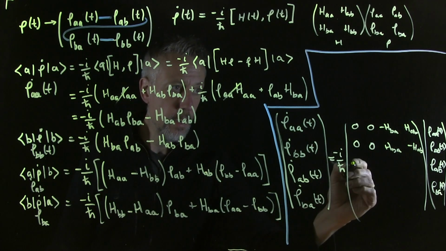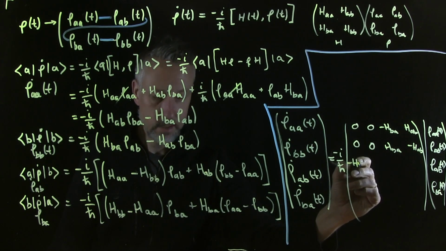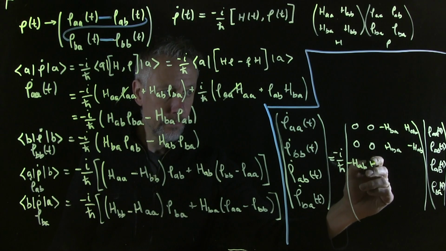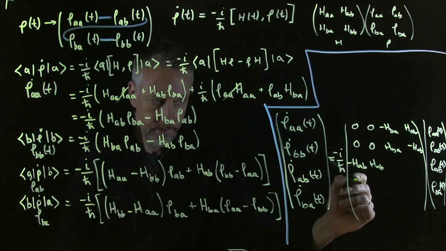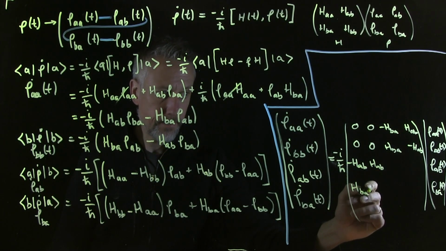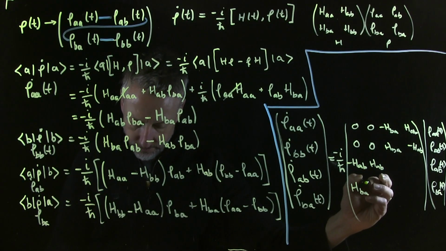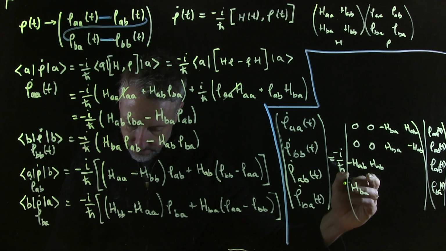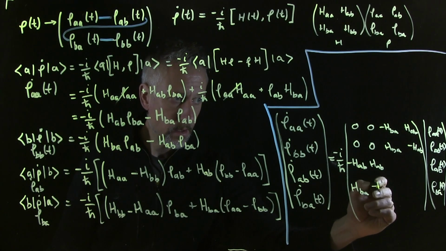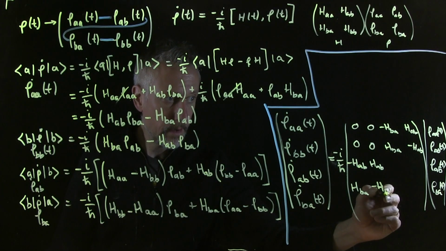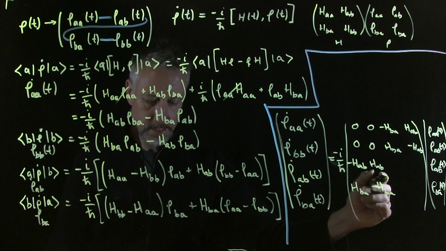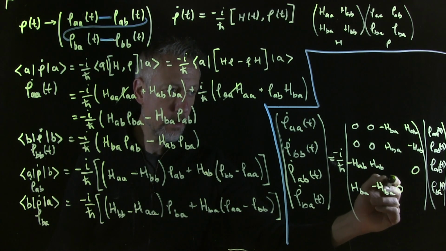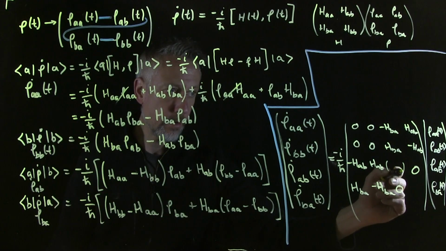All right, then down here we have minus HAB, HAB, HBA, minus HBA. Then we have 0 here and 0 here, and then these guys we have two terms that are combined.